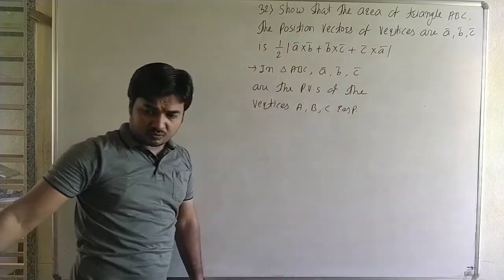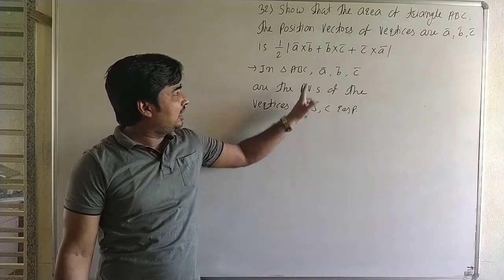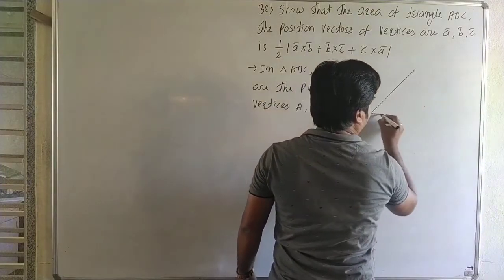Here are the vertices of triangle ABC, A, B and C, and the position vectors are A, B and C. Here we find the area of the triangle.